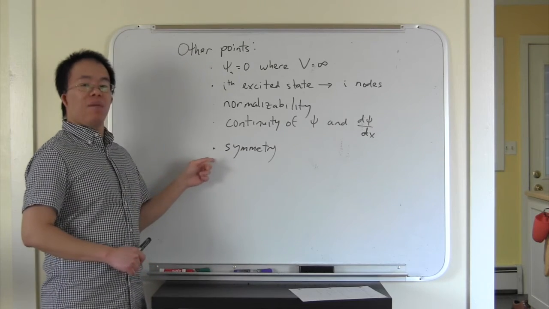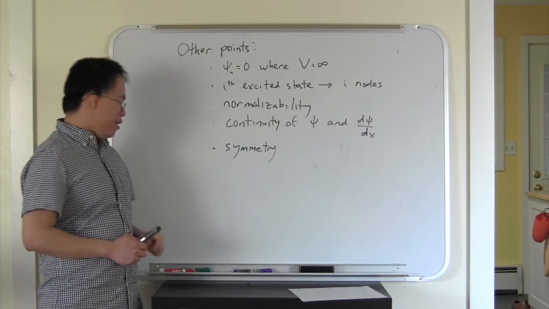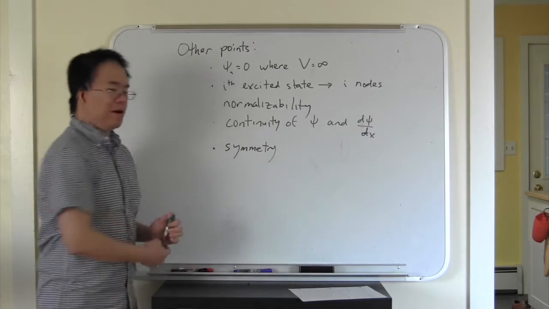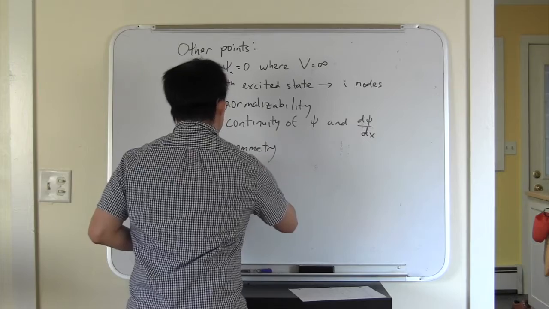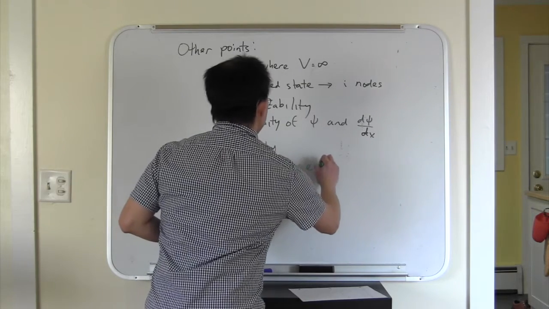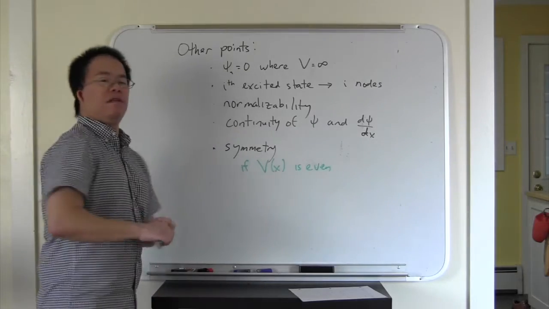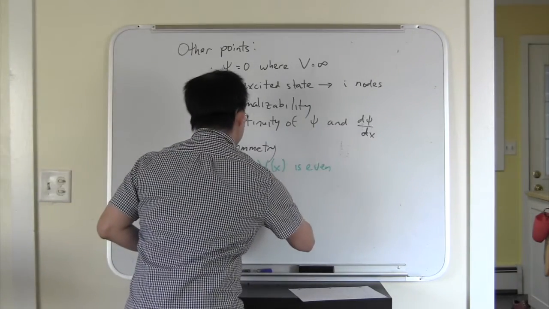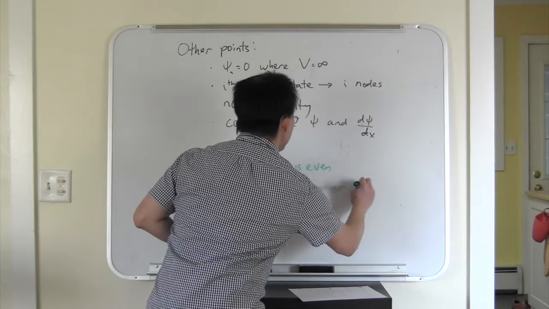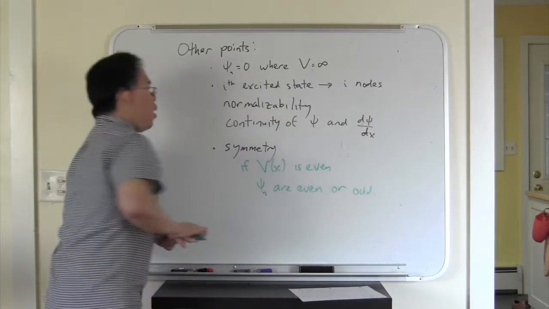And then the last thing that I want to mention is symmetry. This is not so apparent. Namely, if my potential energy is even, my energy eigenfunctions are either even or odd.